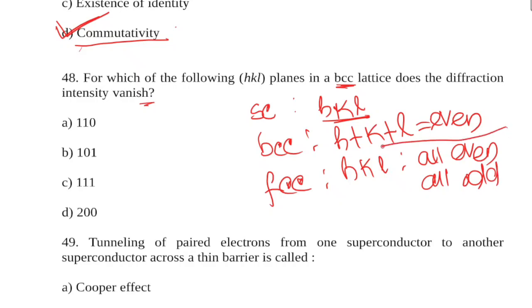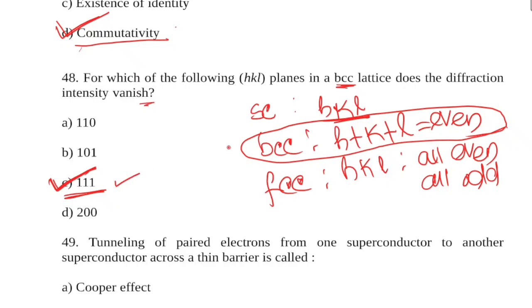So for BCC, if the H plus K plus L value is odd, then the diffraction intensity will vanish. You can check from the options: for 111, that is your correct option, option C, the diffraction intensity will vanish for the BCC lattice.